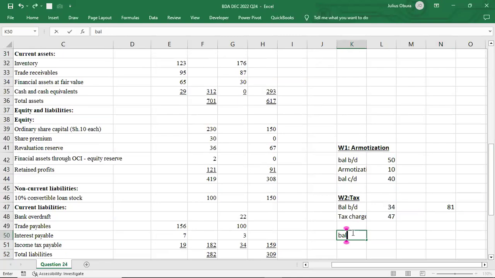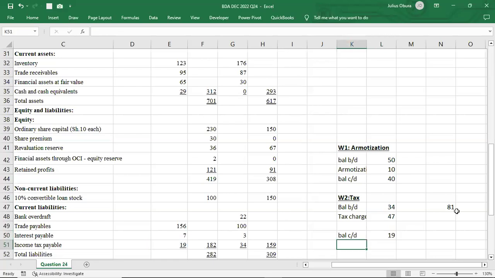The balance carried down, we look at that from our statement of financial position, is 19.